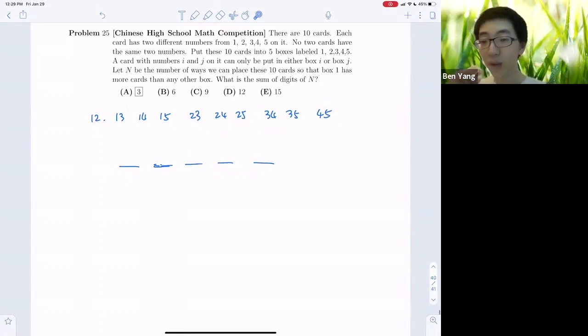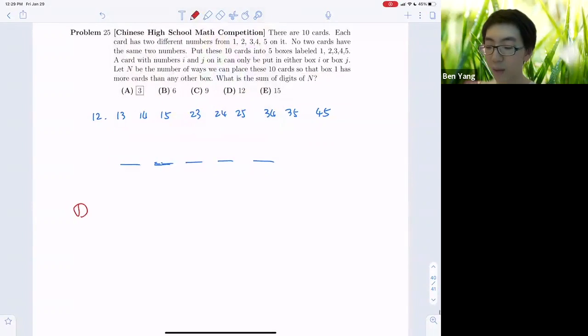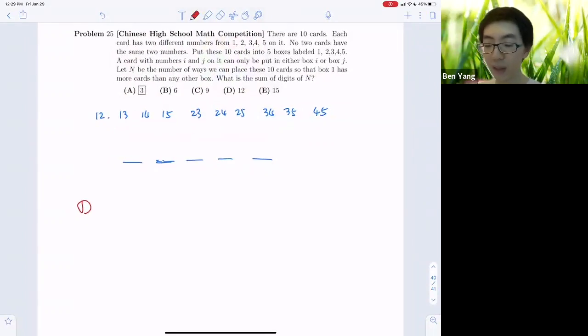Okay, so the critical condition here is that box 1 has more cards than any other box. So let's do casework based on the number of cards in box 1. First case. The best case for us is definitely that all of the cards with 1 are in box 1. So box 1 has all of those: 1,2; 1,3; 1,4; and 1,5.